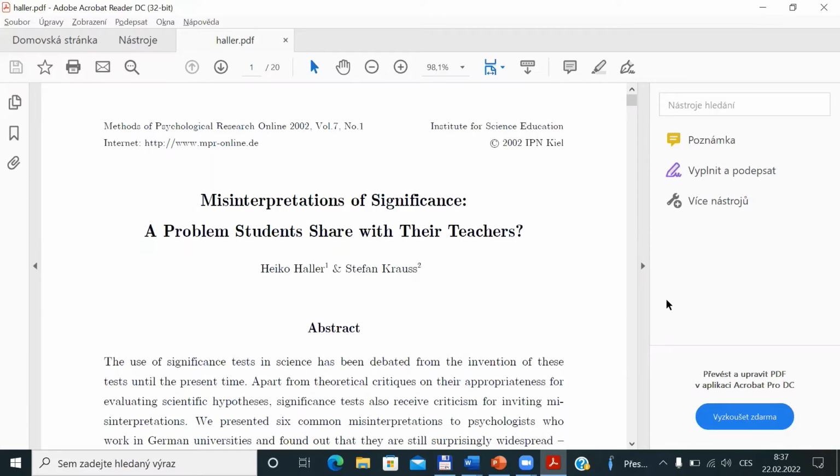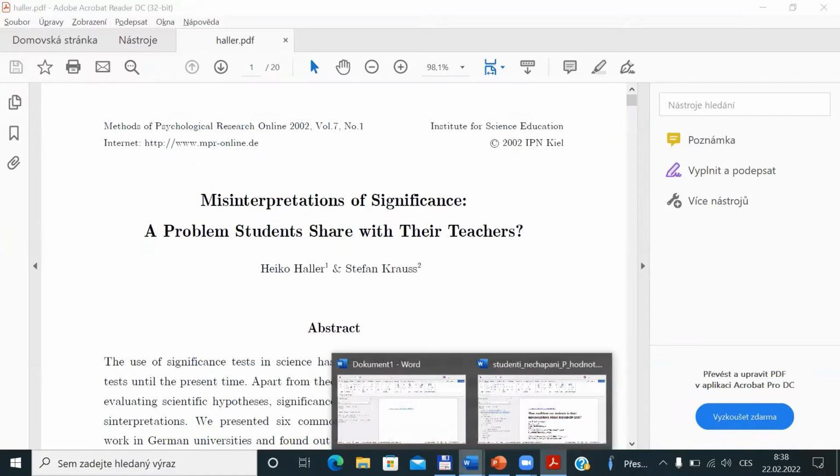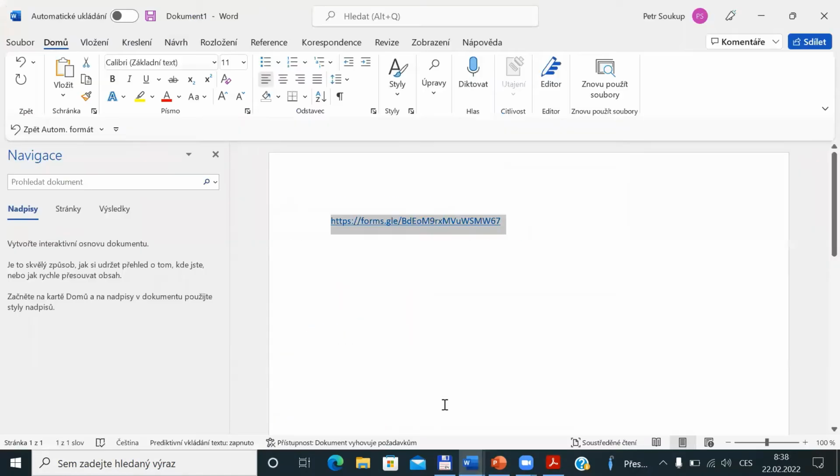Do you have some hints? If you define the p-value correctly, it will be quite easy to answer most of the questions in both of these tests, I guess. Some proposals, what could be the p-value definition? What is the p-value saying about our results, about our data, about our hypotheses? What is it about?